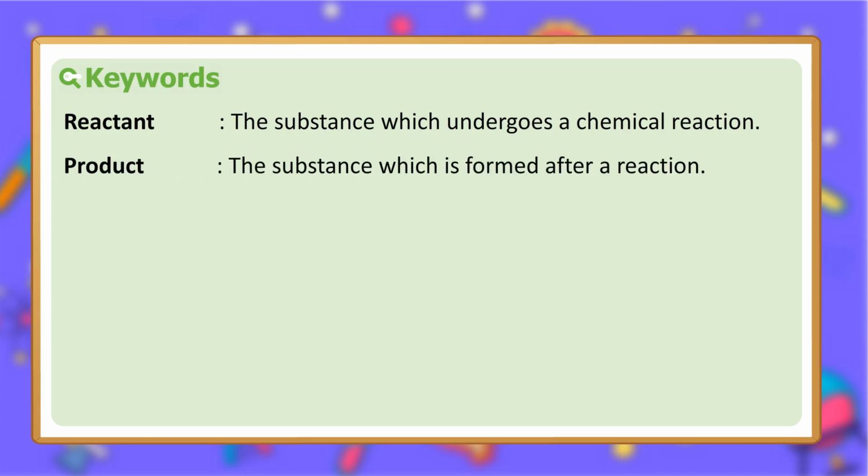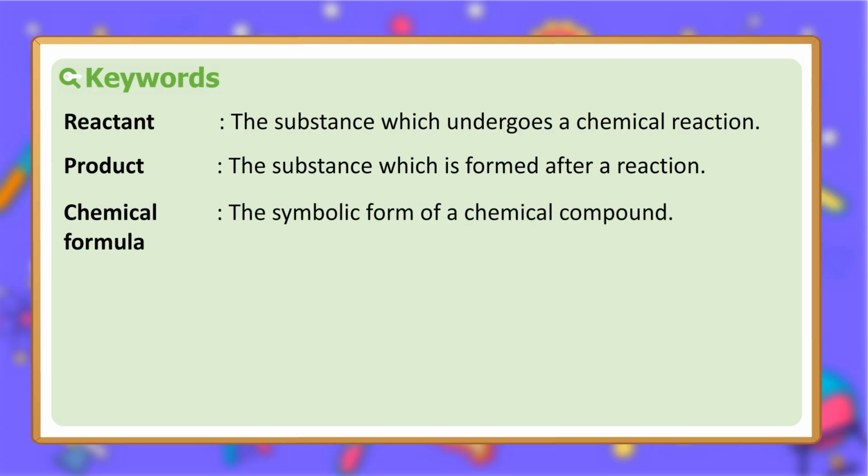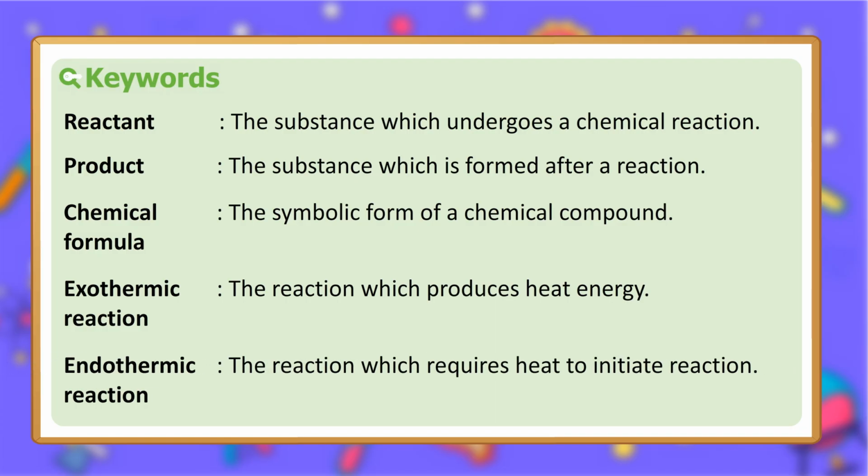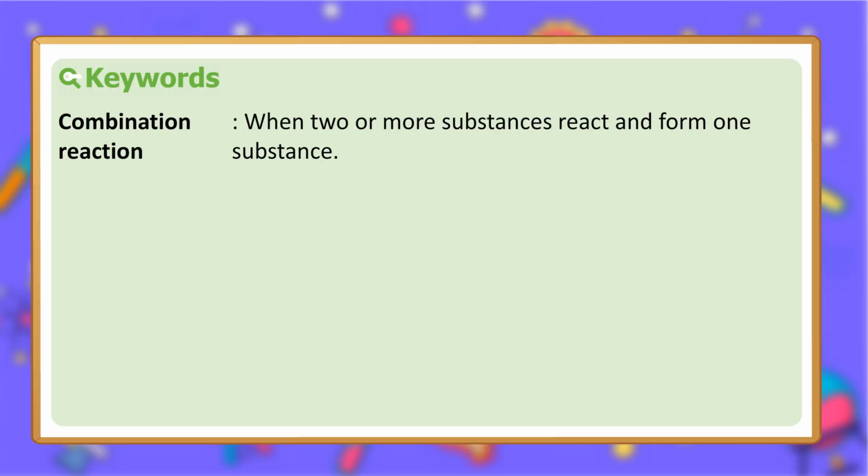Product: the substance which is formed after a reaction. Chemical formula: the symbolic form of a chemical compound. Exothermic reaction: the reaction which produces heat energy. Endothermic reaction: the reaction which requires heat to initiate the reaction.